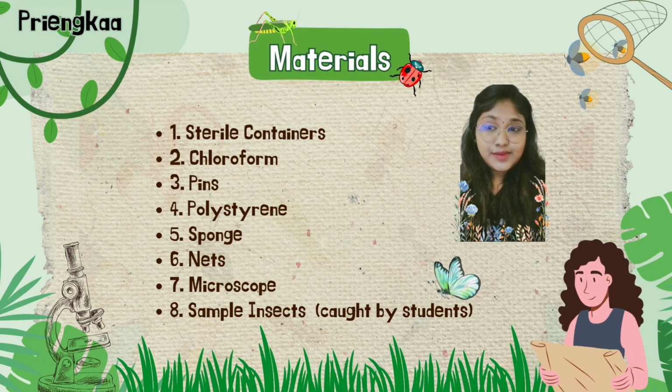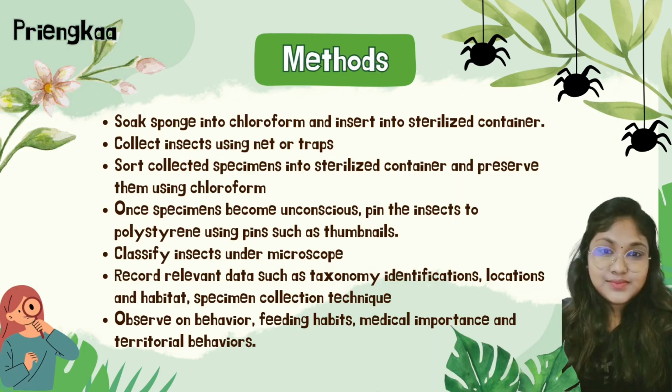As for the materials, we need sterile containers, chloroform, pins, polystyrene, sponge, nets, microscope, and also sample insects that are yet to be caught. As for methods, first of all, we have to soak the sponge in chloroform and insert the soaked sponge into our sterilized container.